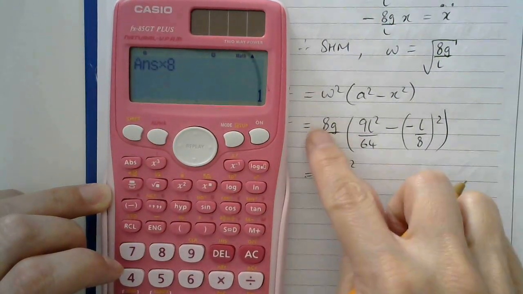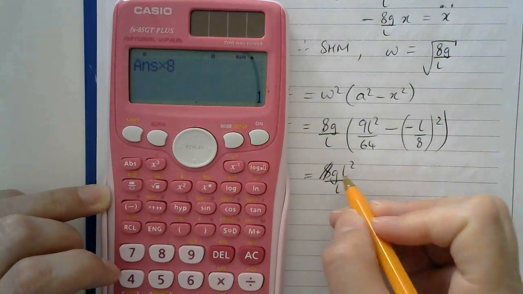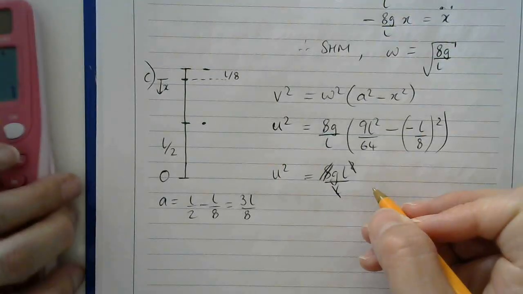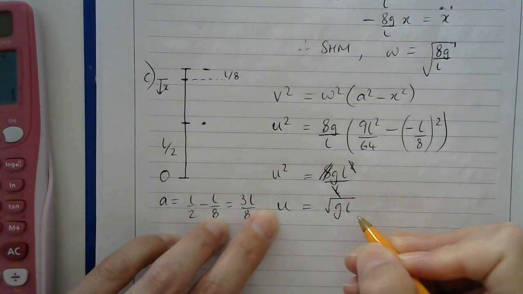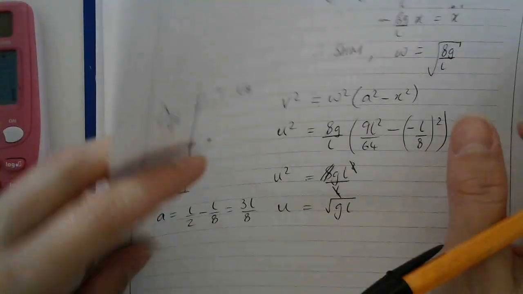Sorry, without the 8 because I've multiplied it by 8 already, so I get 1 g L squared over L, and one of the L's cancels, and so I get u is the root of gL.